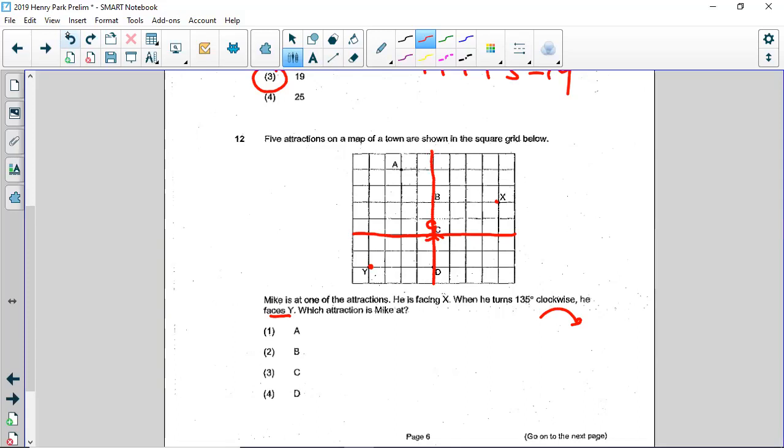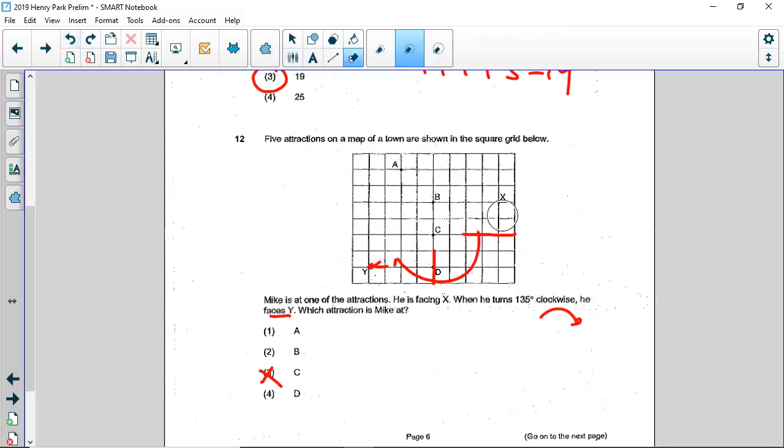He's facing X, and he turned 135 degrees, and what will happen? He will face Y. But if you look carefully, it doesn't look like 135 degrees. It is like 180 degrees. So he cannot be at C, because it's a wrong direction or wrong place.